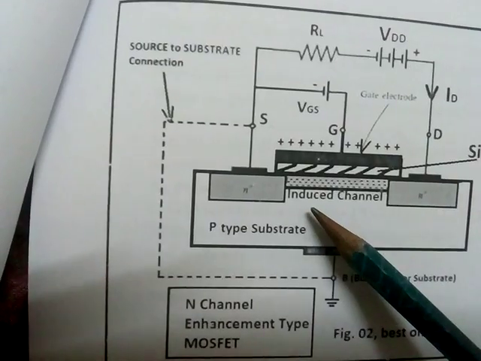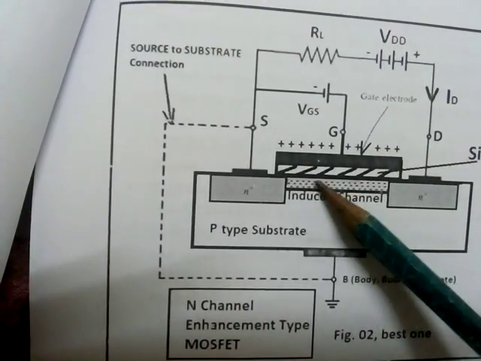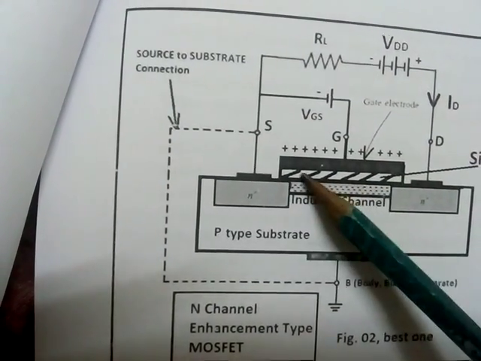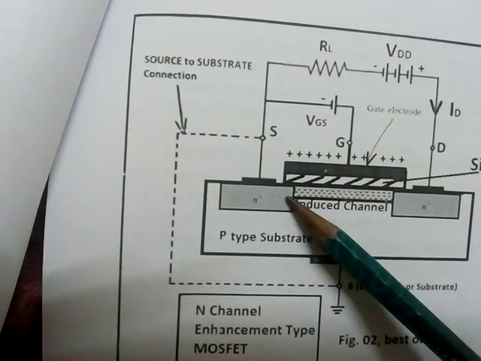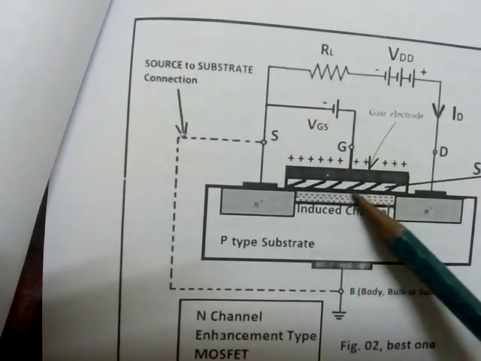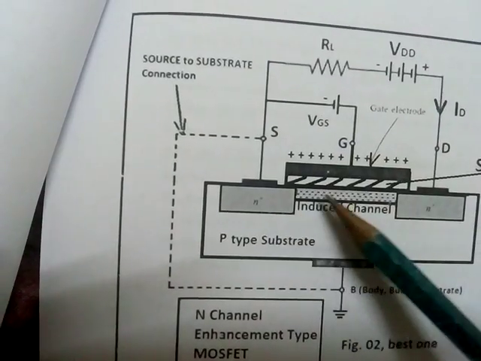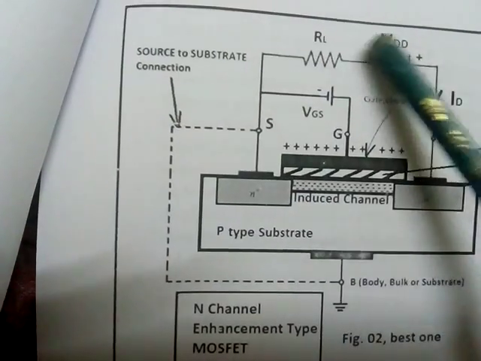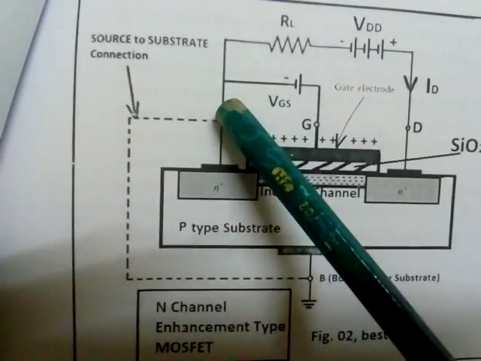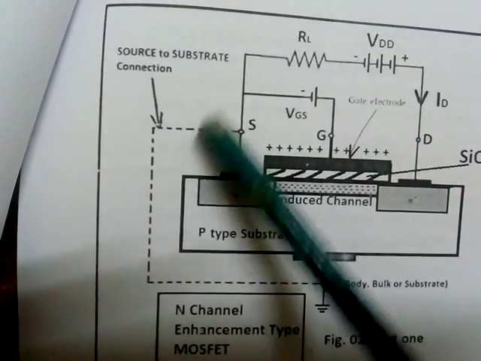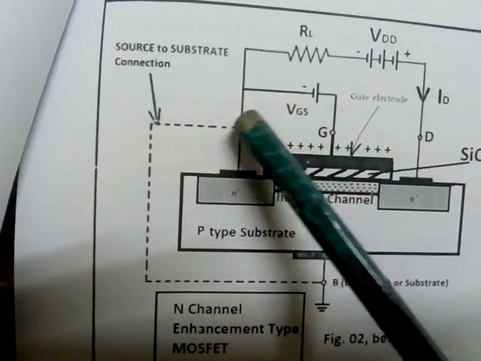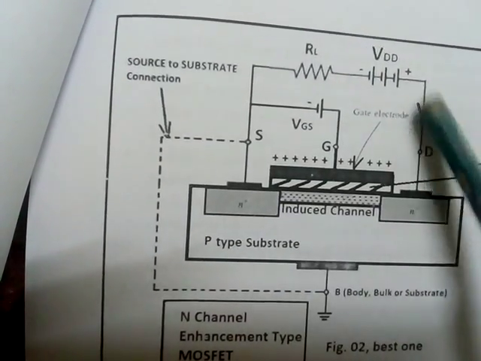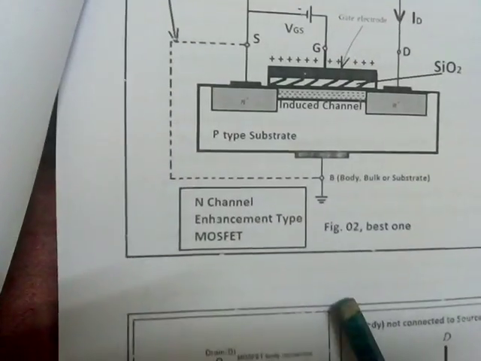So when electrons are accumulated near the gate terminal, that is near the metal oxide layer, an N channel, meaning an electron channel, is formed between the source and drain. So it will now conduct and current can flow like this. In a transistor, when there is base current, collector current can flow. In a MOSFET, when there is gate voltage, the drain current can flow.